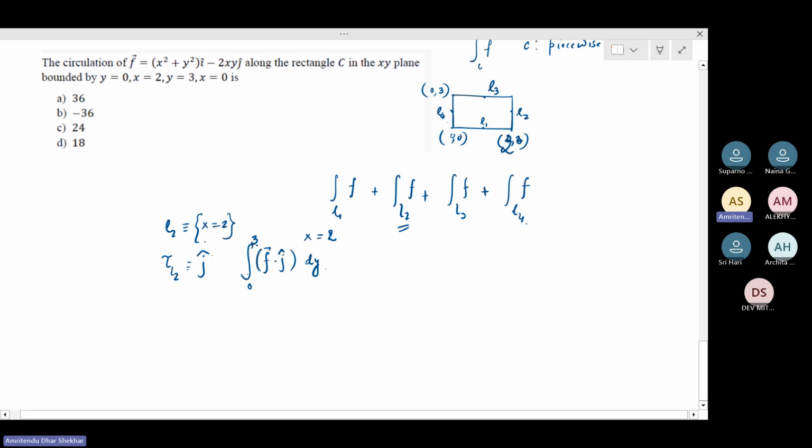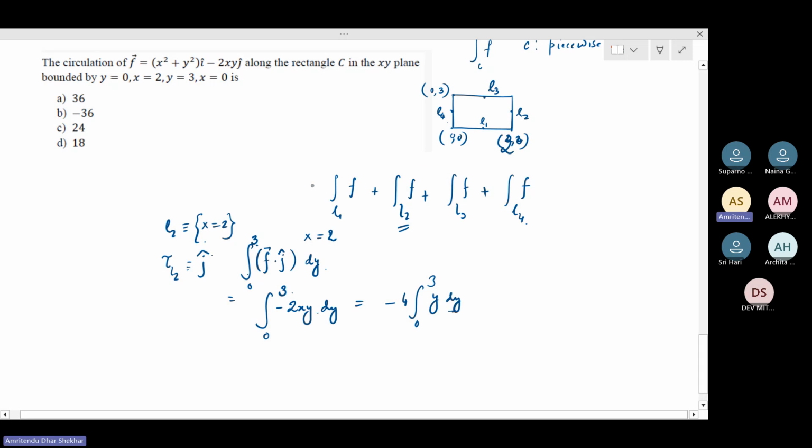So we write it down, that is equal to the integral from 0 to 3 of minus 2xy dy. But x is equal to 2, so that is equal to minus 4 times the integral from 0 to 3 of y dy. So this is going to be L2.